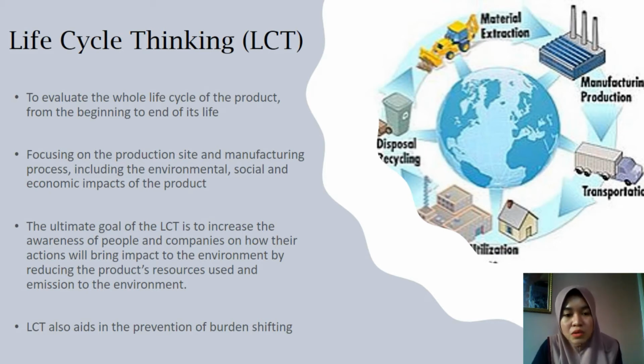The ultimate goal of life cycle thinking is to increase the awareness of people and companies on how their actions will bring impact to the environment by reducing the product's resource use and emission to the environment. Life cycle thinking also aids in the prevention of burden shifting.